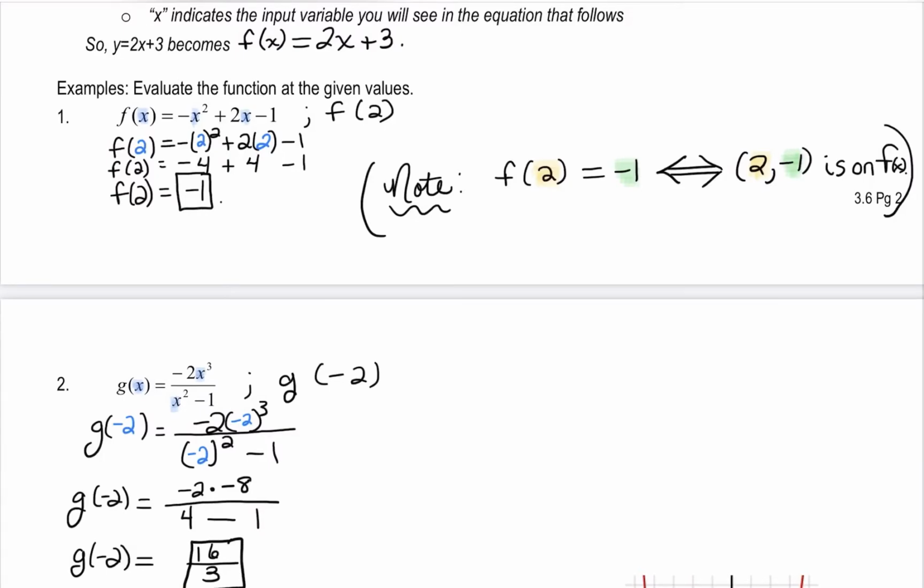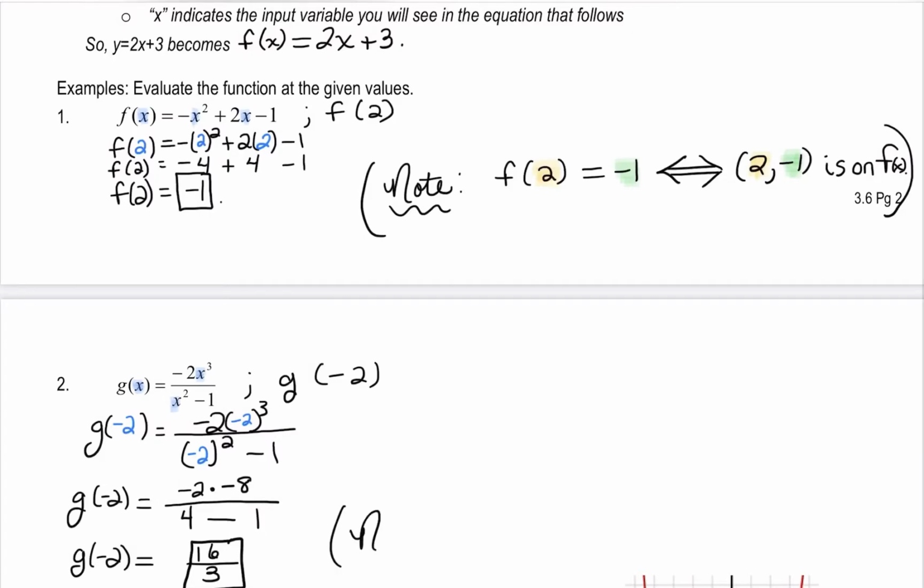It's important to realize that f of -2 or g of -2 does not mean multiplication. That's just notation saying we went into the g function, subbed in -2 for x, and got back 16/3 for y.